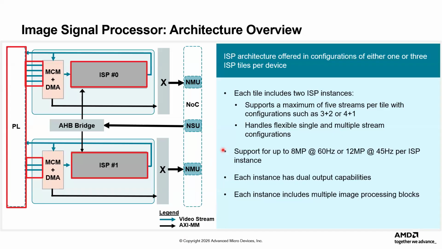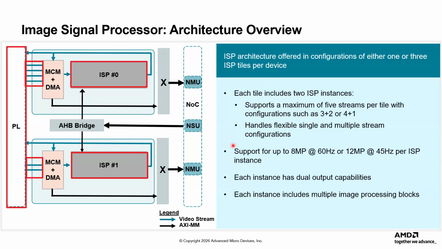And the way this is going to be built is you've got each tile, which has two instances of these building blocks, and you have a maximum of 5 streams that can be supported per tile. So you either implement this as 3 on one half and 2 on the other, or 4 on one and 1 on the other. So a maximum of 5.